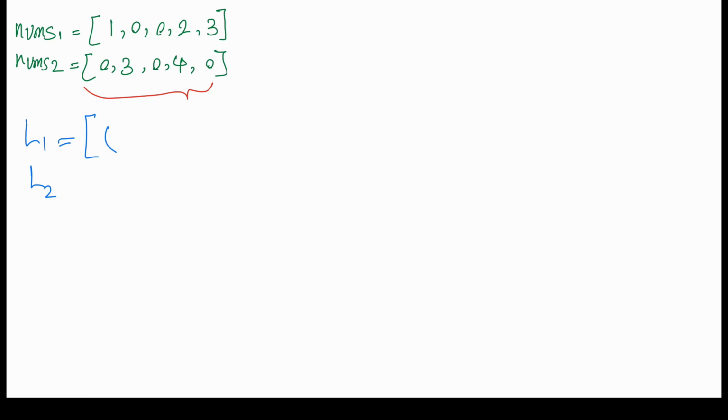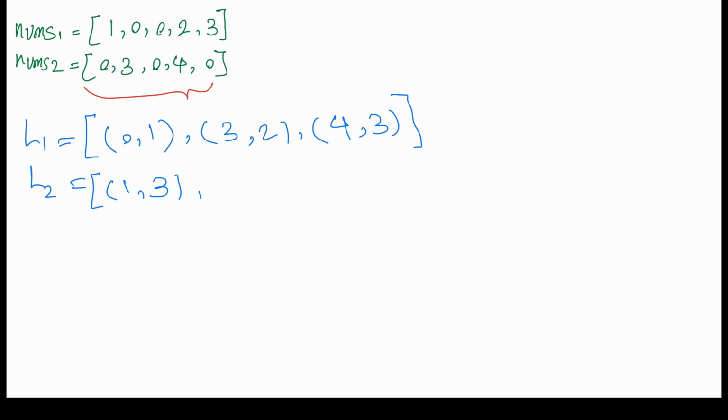L1 is 0 and 1, and then 3 and 2, and 4 and 3. For L2 we have 1 and 3, and 3 and 4. So we know that the first one is the index and the second one is the value, and we want to go through these two lists.